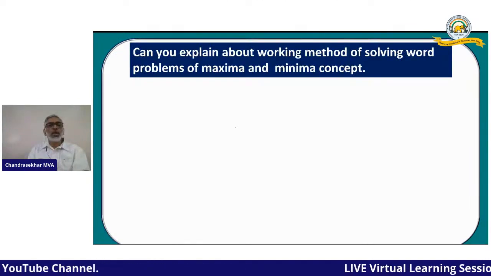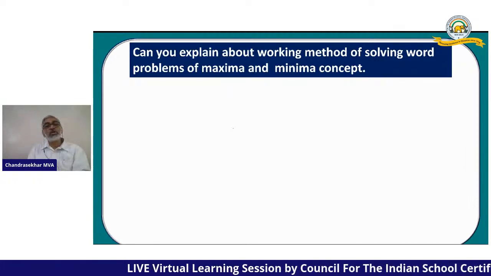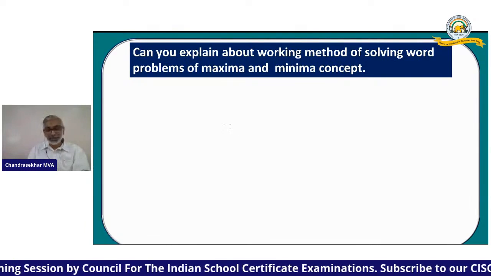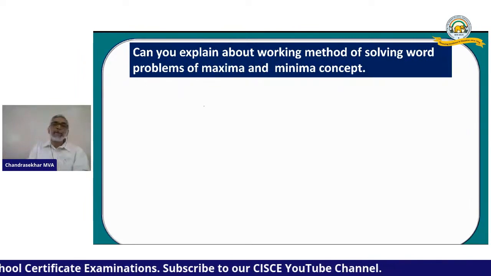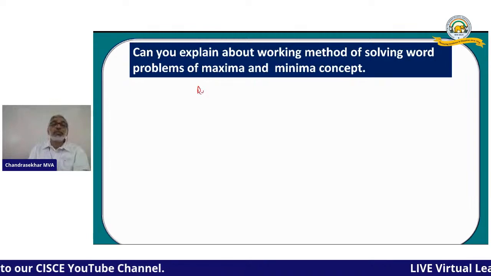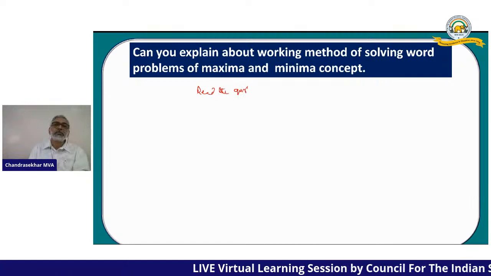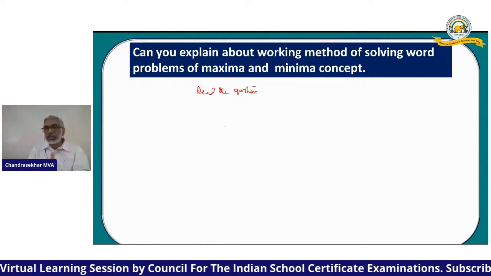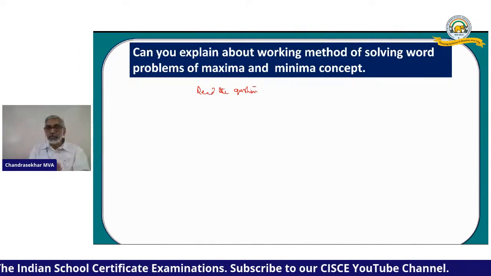Can you explain the working method of solving word problems of the maxima and minima concept? Yes, this is also something we discussed today. We solved 2-3 word problems today. In a word problem, first you need to read the question carefully, and you need to separate the information into two parts.